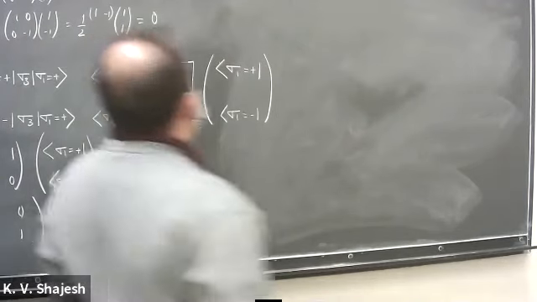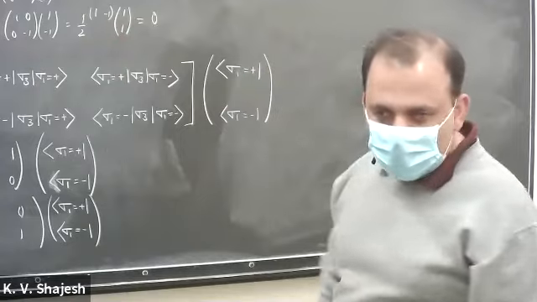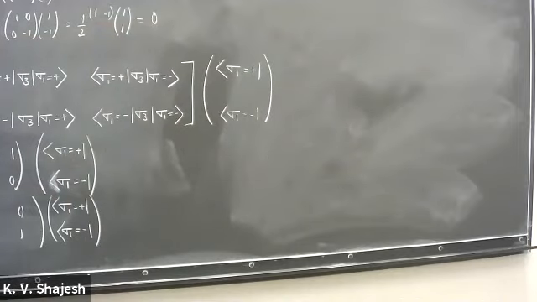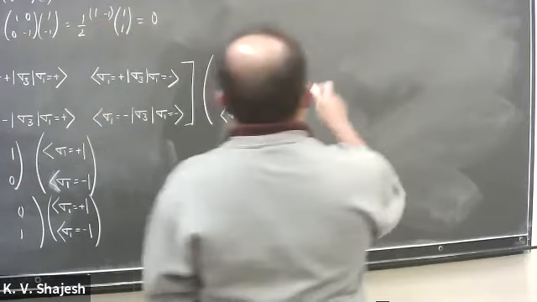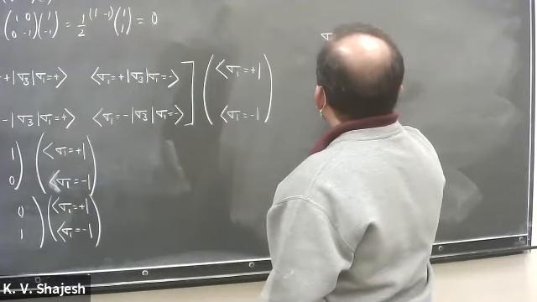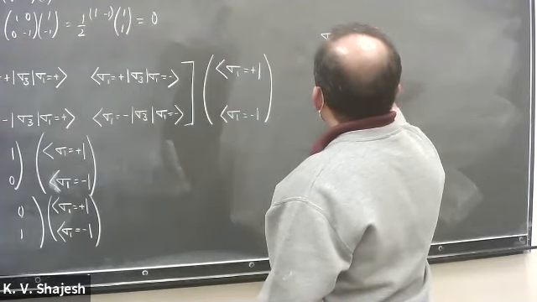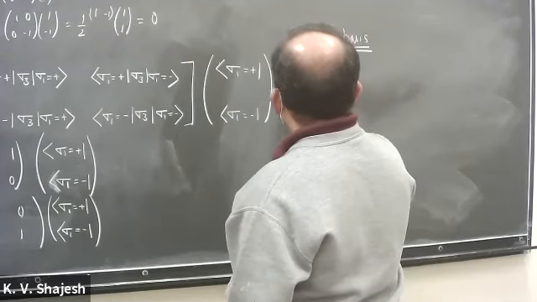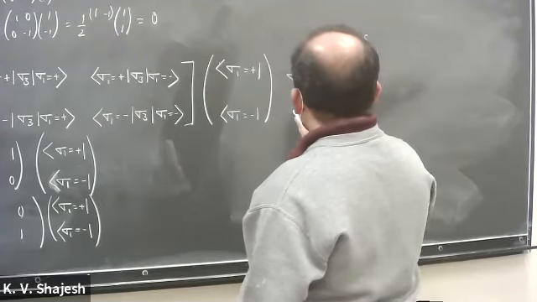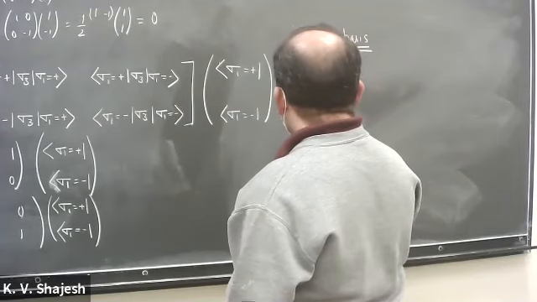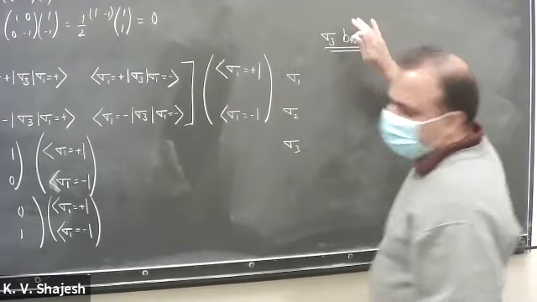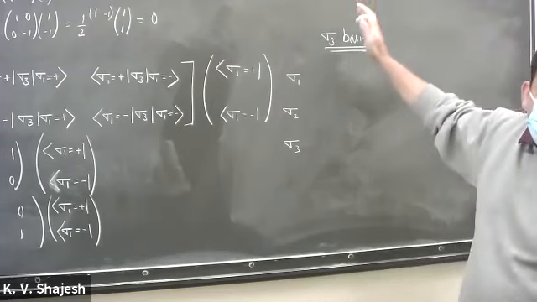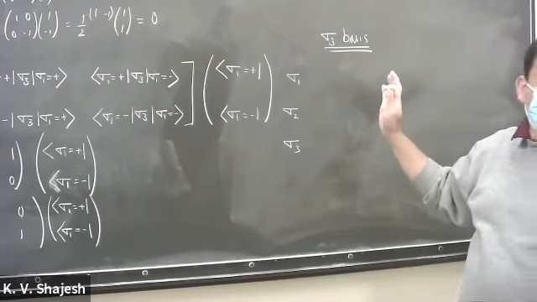So let me say, in the sigma 3 basis, we have sigma 1, sigma 2, sigma 3. And this is the default basis, whenever no one talks about which basis you're talking about.